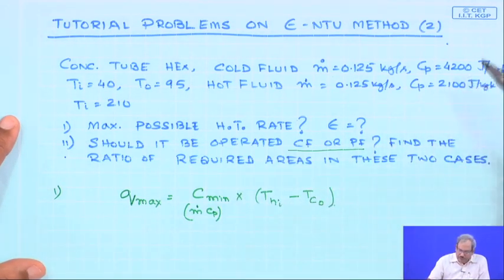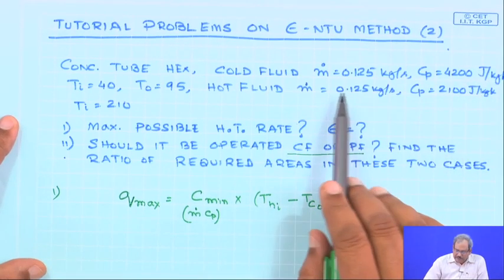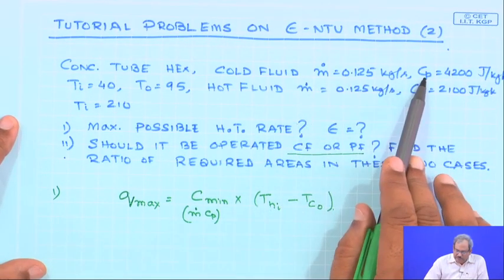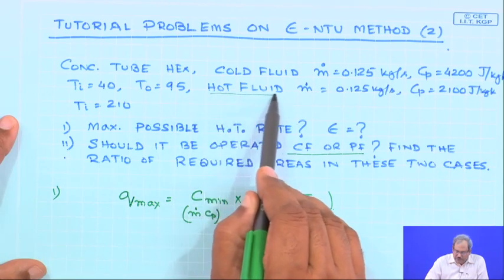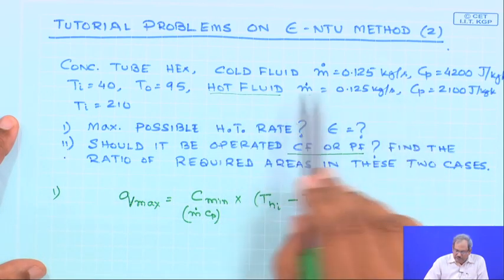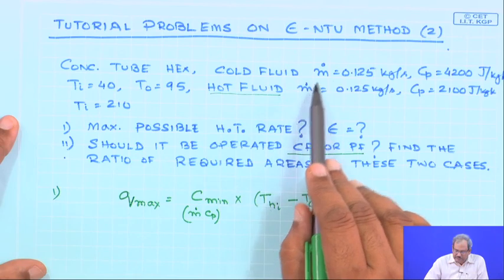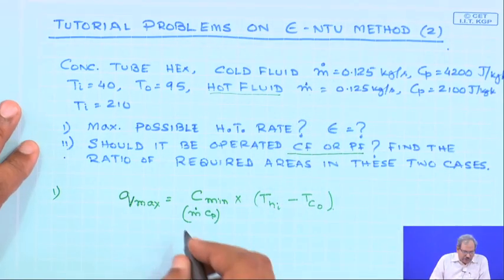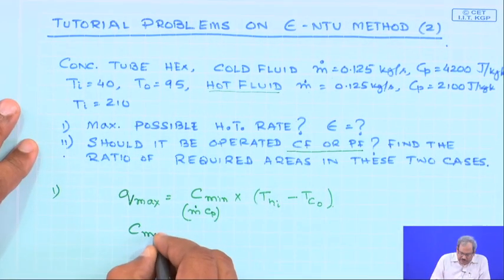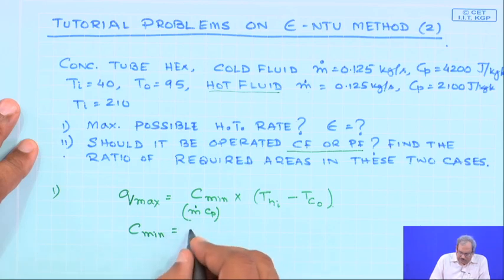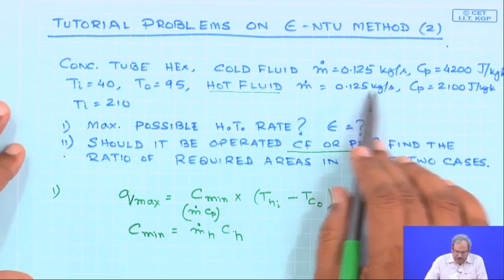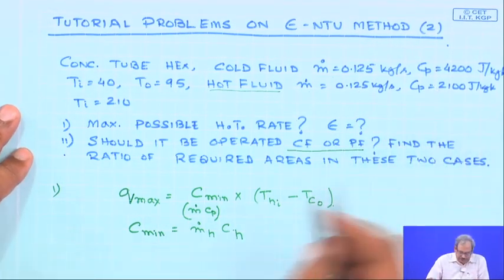Here, if you look at the cold fluid and the hot fluid, obviously the minimum of m dot Cp has to be for the hot fluid. So, m dot Cp for the hot fluid is less than that of the cold fluid. Therefore, my C minimum, the capacity minimum, would simply be m dot of the hot fluid times C of the hot fluid, which is 0.125 times 2100.